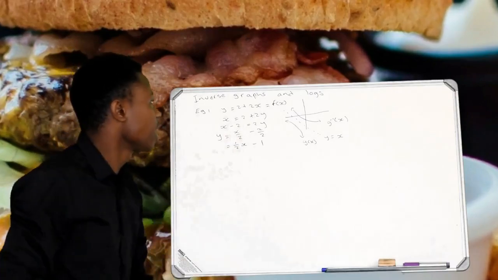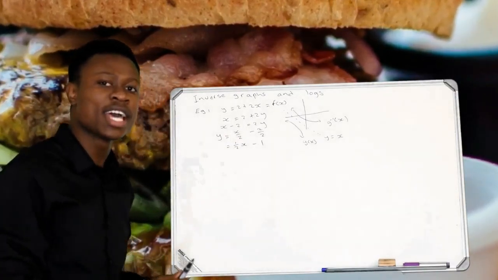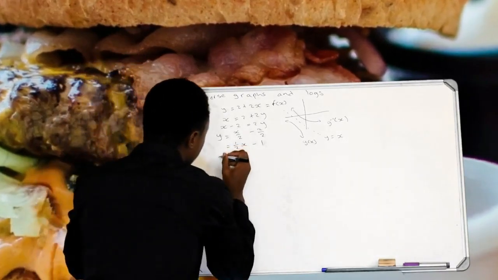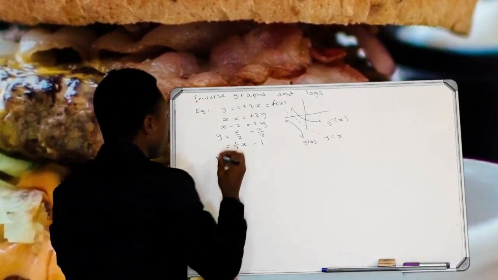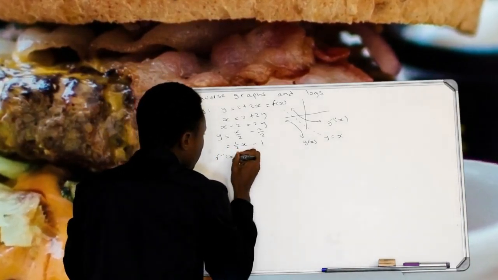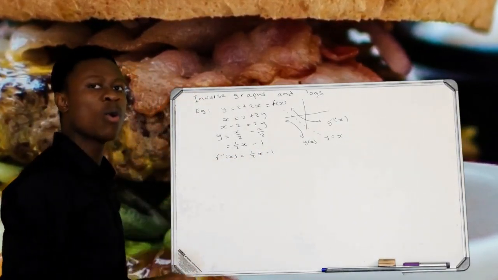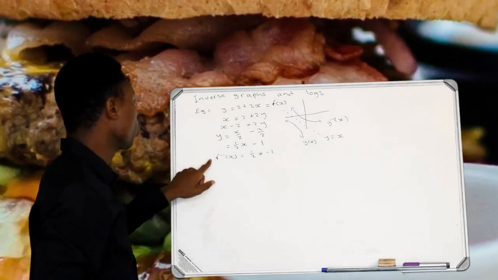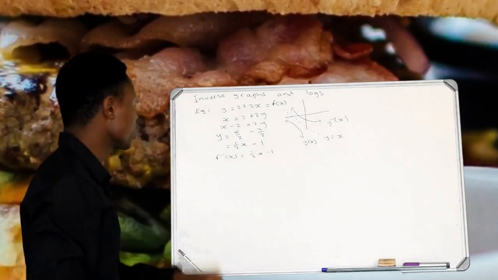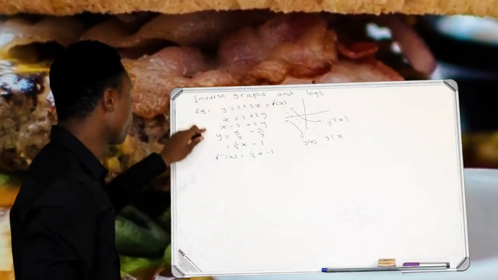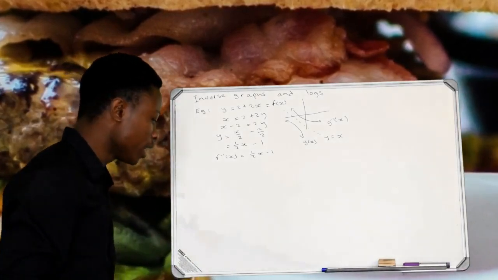So our answer, using the terminology that is used for inverse, is f inverse of x is equal to half x minus 1. This is how I should write my answer: f to the negative 1 of x is equal to half x minus 1, because that is the inverse of my f of x graph. So that is basically it on example 1.